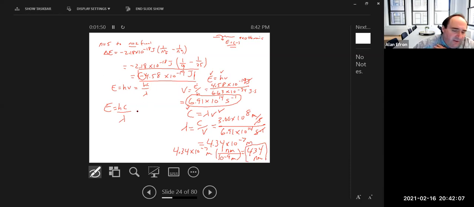And just to show you again, you could use this formula here. You could rearrange and solve for the wavelength, which would be HC divided by the energy. Again, H being our 6.63 times 10 to the minus 34 joule seconds, C being our 3 times 10 to the 8 meters per second, divided by our energy, which again, we would use as a positive number.